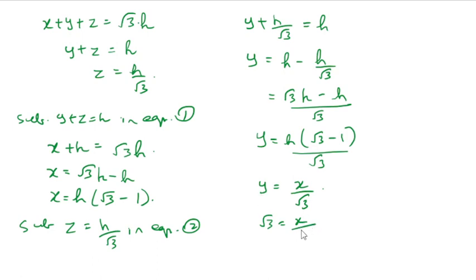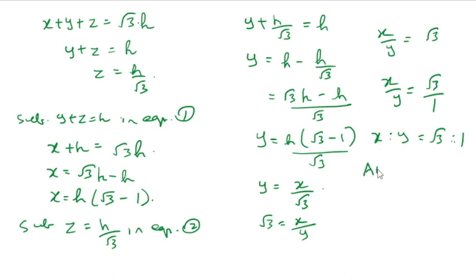So finally we get x by y equals root 3. We write this as x by y equals root 3 over 1. So x to y is root 3 to 1. x is AB and y is BC, so AB to BC is root 3 to 1.